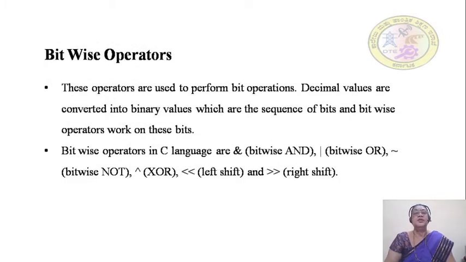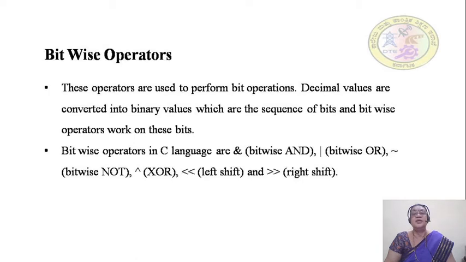Now let us move on to the next type of operators, bitwise operators. These operators are used to perform bit operations. Decimal values are converted into binary values, which are the sequence of bits, and bitwise operators work on these bits.